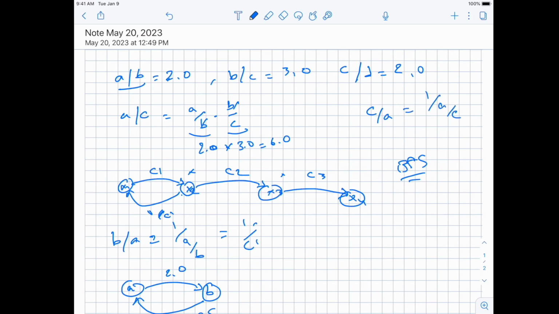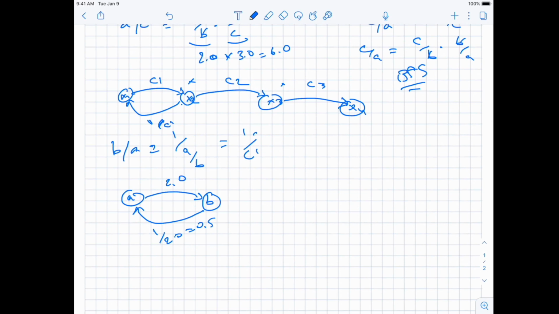Or you could think of it as the cost of c divided by b multiplied by b divided by a. Then you get c divided by a, where c divided by b is just 1 divided by 3.0, and b divided by a is just 1 divided by 2.0. So you could do it whichever way you want.